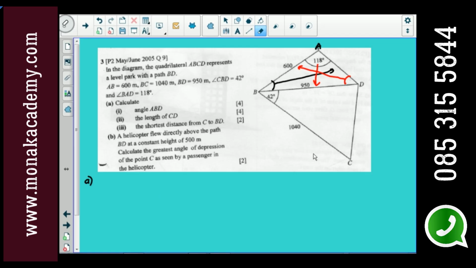So, in other words, we want sine D over the length of the side which is opposite to D, it's 600, must be equal to sine A, which is sine 118, over the length of the side opposite to A, which is 950.